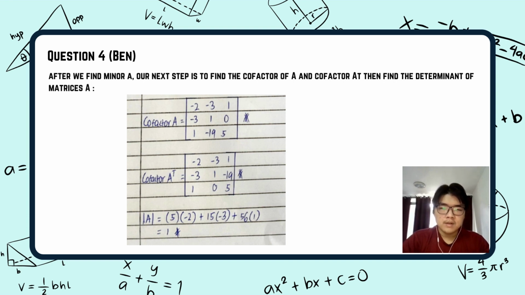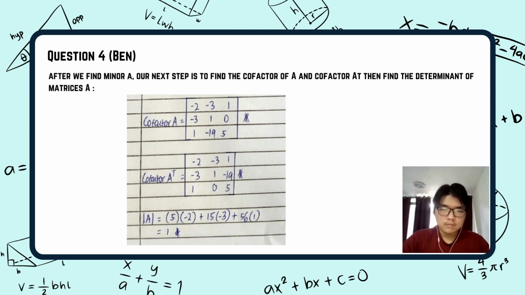Then for the second row on our cofactor, our M21 is negative 3. This is because this placement is negative first. So on our minor A it is positive 3, and positive 3 times the negative sign will be negative 3.